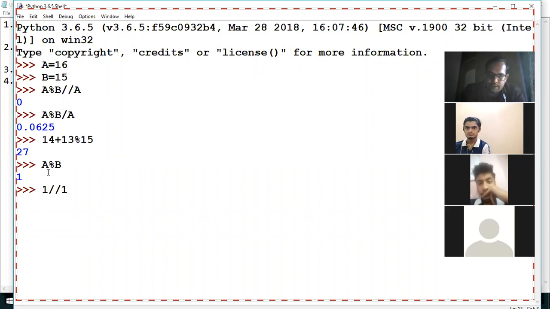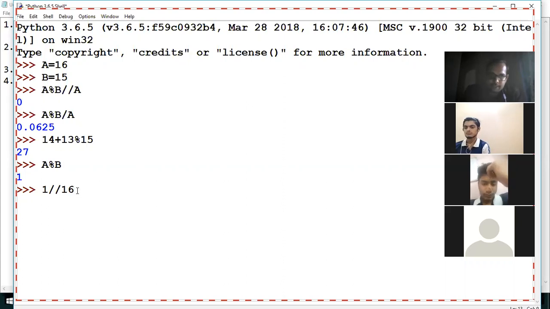This time the value of a is 16. In the case of floor division, it will provide the answer as an integer only. It will truncate whatever comes after the decimal and provide only the integer portion, meaning the part before the decimal point.